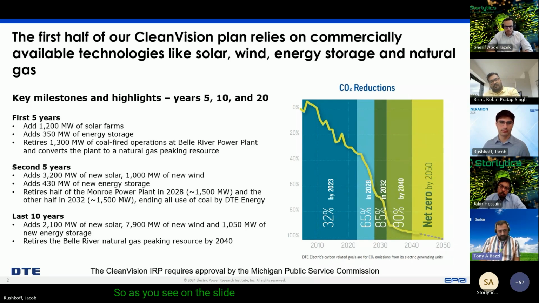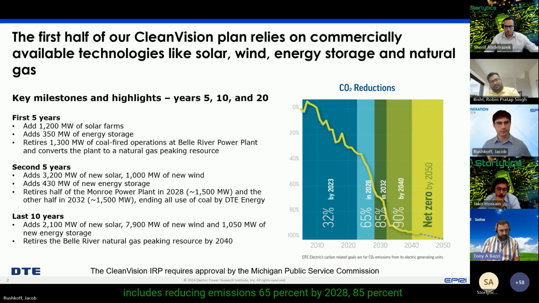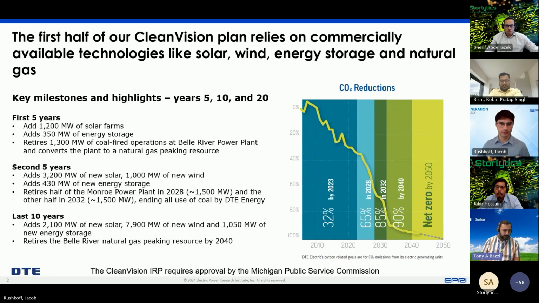Our Clean Vision plan includes reducing emissions 65% by 2028, 85% by 2032, 90% by 2040, and ultimately reaching net zero by 2050. We have a clear line of sight to our target of 90% carbon reduction by 2040.